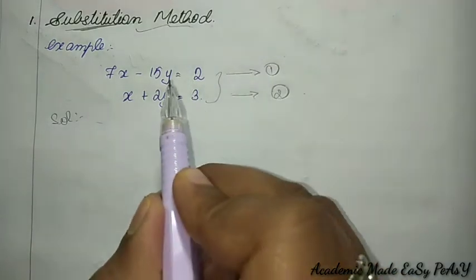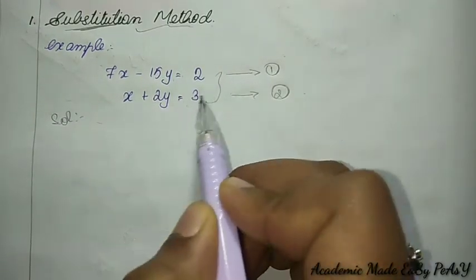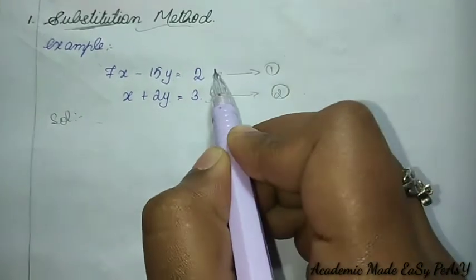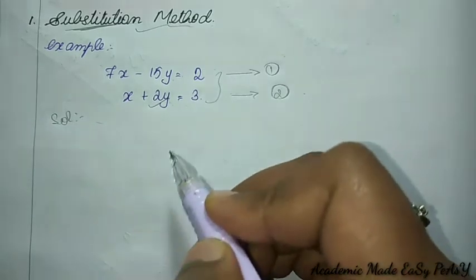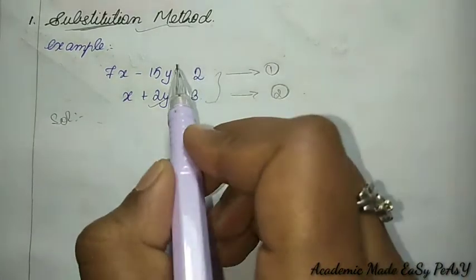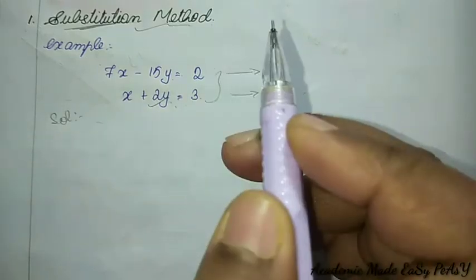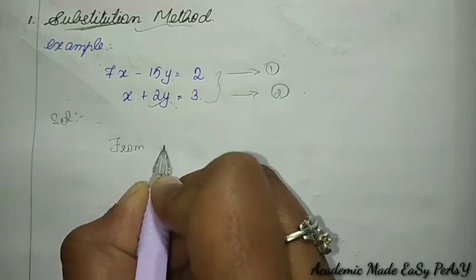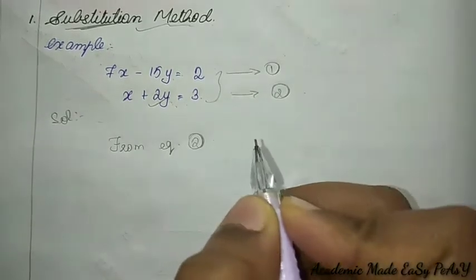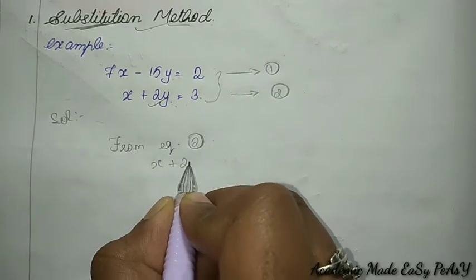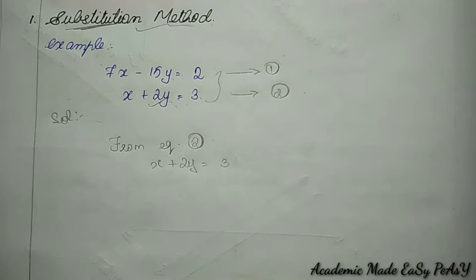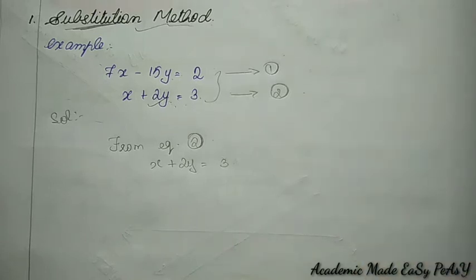I have to choose any one of the equations which is very easy for us. As soon as you look at these two equations, which one is easy? The second equation is very easy for us. So now we will be choosing the second equation. From equation 2, I will get x plus 2y is equal to 3, isn't it? I will take one variable in terms of the other variable, maybe x in terms of y, or y in terms of x.